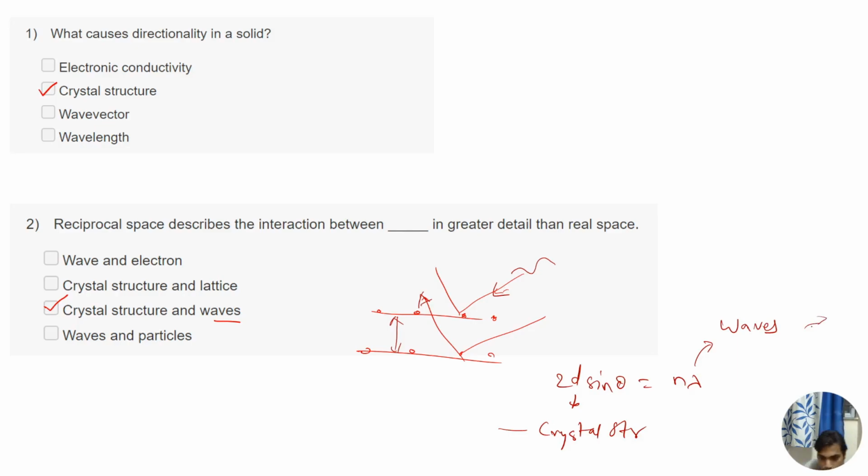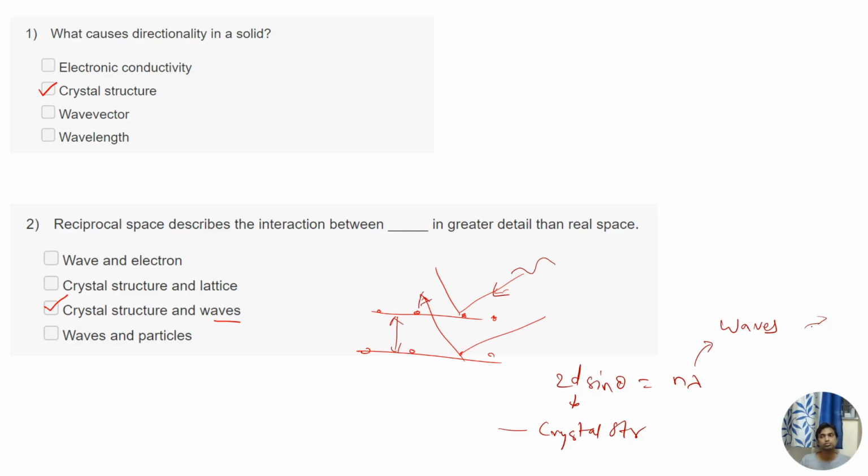Sir, when you talk about the reciprocal space and the real lattice space, real lattice and reciprocal lattice, basically both have units of length, right? No, the reciprocal lattice has units of 1 by length.